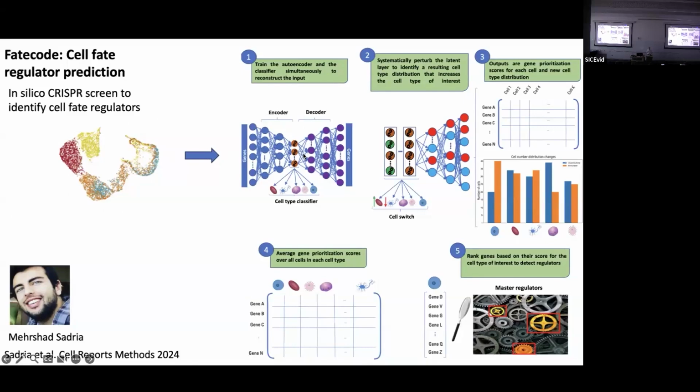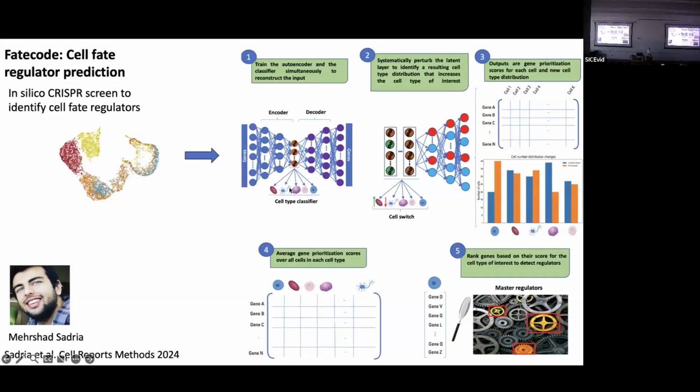I should have mentioned autoencoders are very similar to principal component analysis. It just has the added benefit of being able to learn nonlinear relationships. In this case, we feed in all the transcriptomics data and we learn an internal representation.